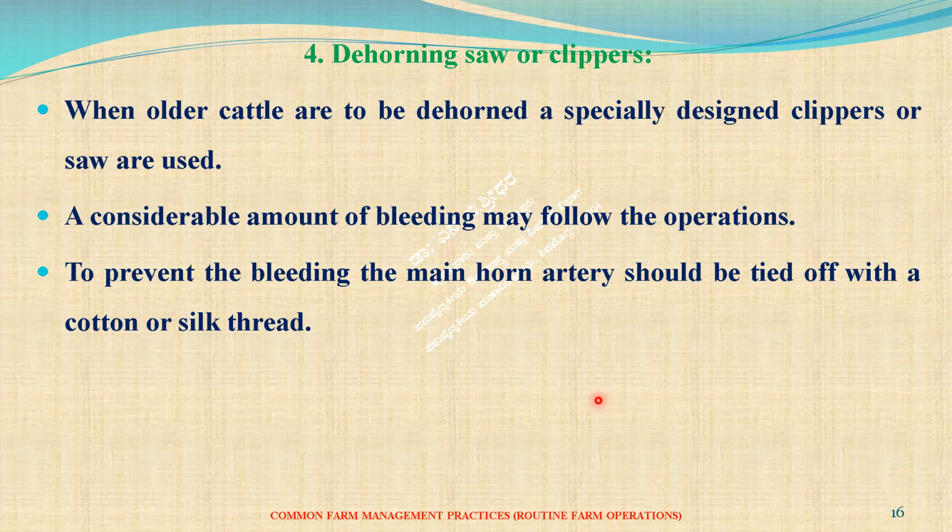Where older cattle are to be dehorned, specially designed clippers or a saw are used, and a considerable amount of bleeding may follow. It always follows the dehorning process. To prevent the bleeding, the main horn artery should be tied off with cotton or silk thread.